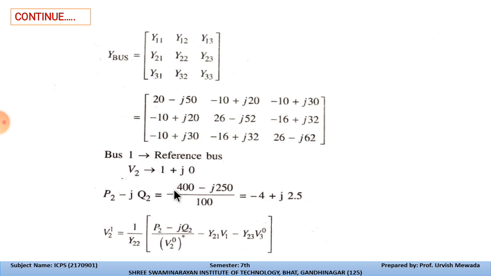Now we have the equation of the apparent power, that is P2 minus JQ2. By putting the values, P2 minus JQ2 will be minus 4 plus J2.5. So V2 dash is equal to 1 upon Y22 times P2 minus JQ2 divided by V2 0 conjugate, minus Y21 V1 minus Y23 V3 0.